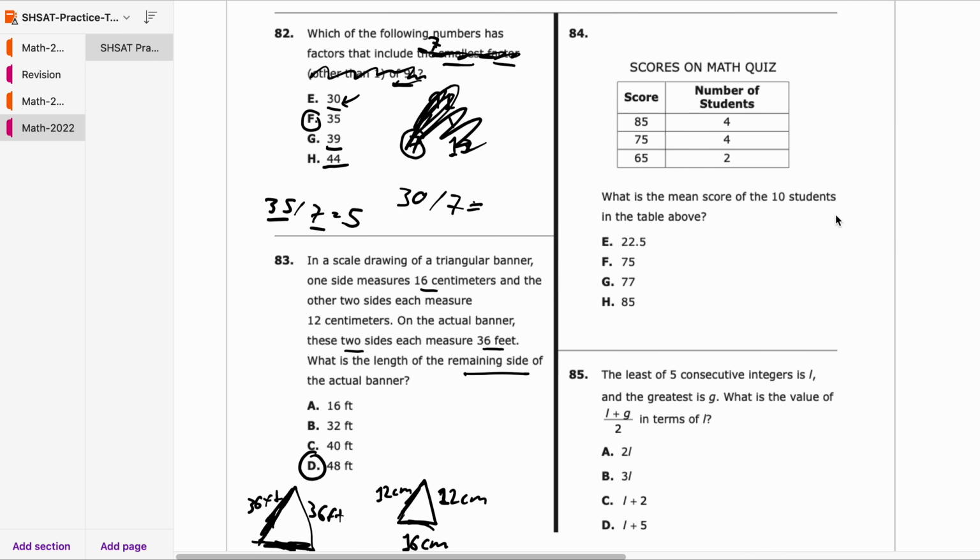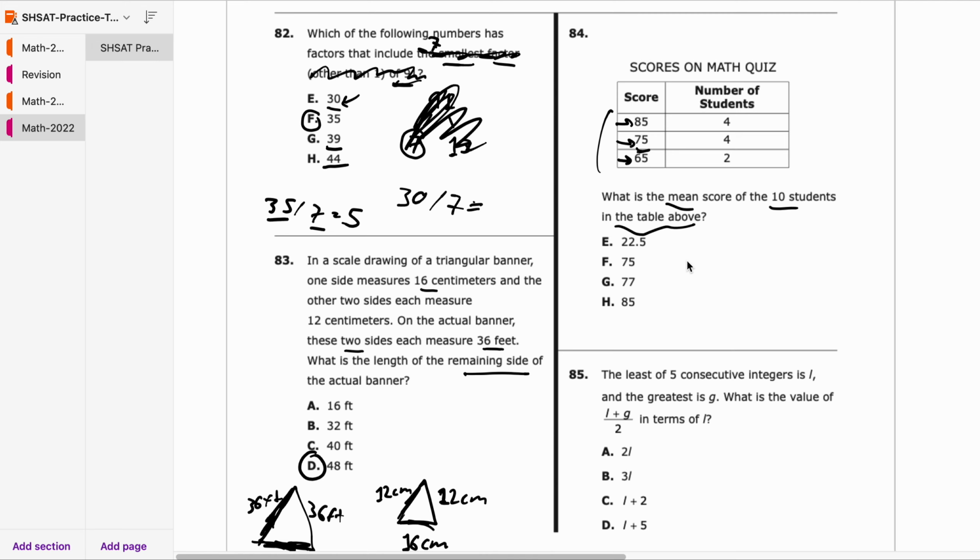Okay, so now 84. So we have a math quiz and we have scores. It looks like 4 students scored 85, 4 scored 75, 2 scored 65. We want to know what the mean score is of the 10 students in the table above. So we're not looking for the median, right? We're not looking for the middle score because that would just be 75. But we're looking for the mean.